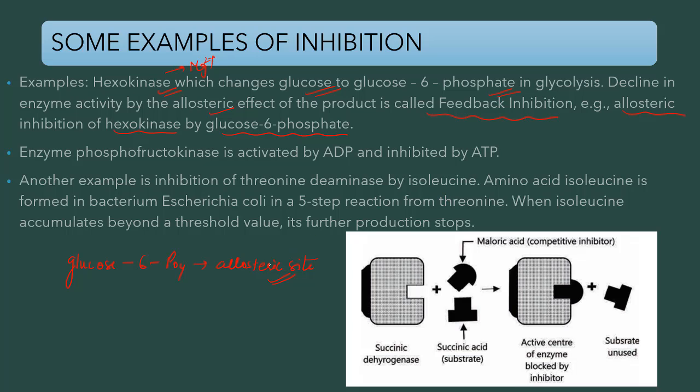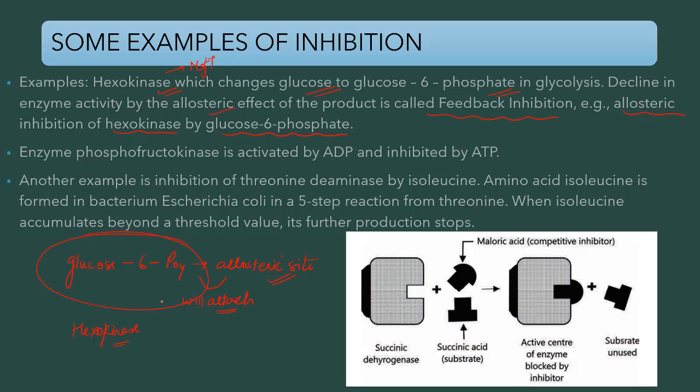This glucose 6 phosphate will attach on the allosteric site. I mean, this is the product. After its formation, it will attach to the allosteric site to control the further reaction, to control the activity of hexokinase to make more glucose 6 phosphate. So hexokinase will become relaxed.